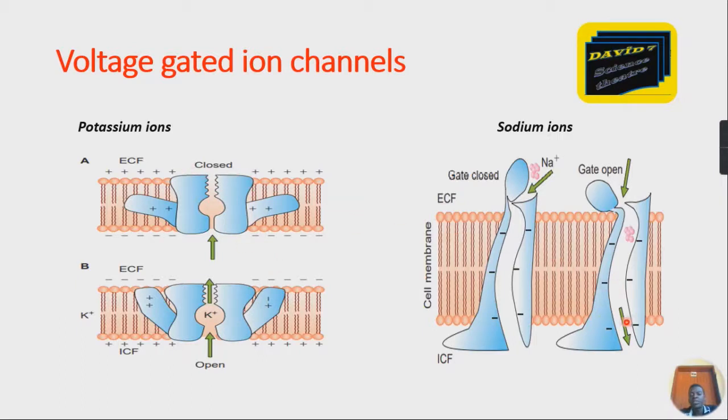Another thing to note here is that the sodium channel is more responsive. It responds faster than the potassium channel. If the membrane is negatively charged on the inside of the cell, the intracellular fluid, the sodium channel will be closed. The gate will be closed if the membrane is strongly negative inside.